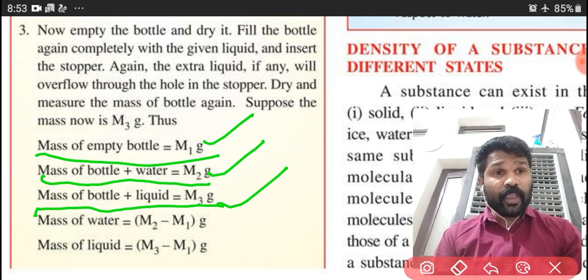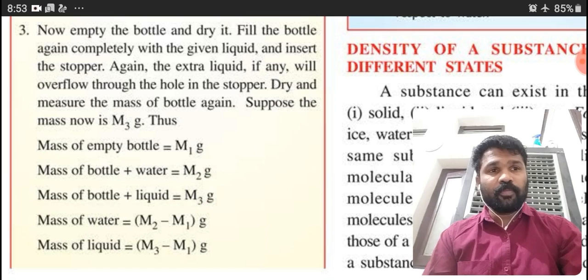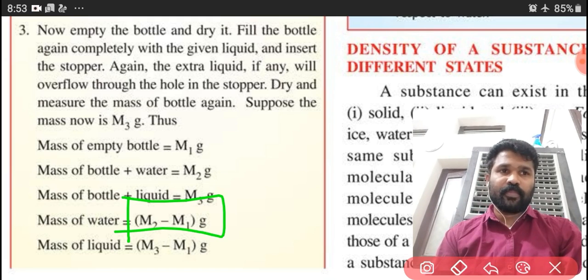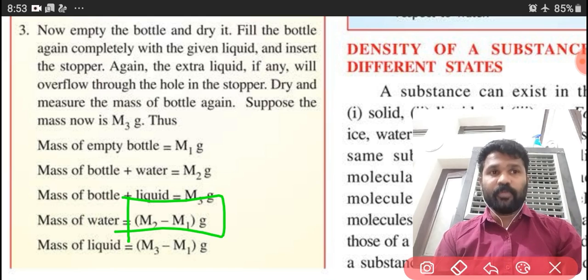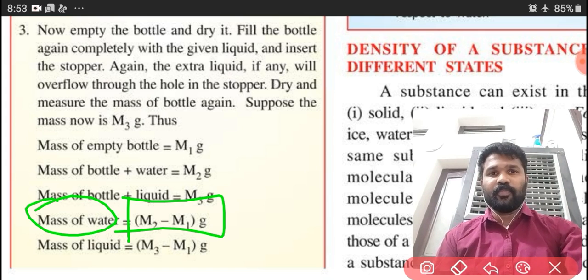Now how to find out the mass of water? That can be found out by using the relation m2 minus m1 gram. m2 we know, m1 also we know, m2 minus m1 gram, then we will get the mass of water.